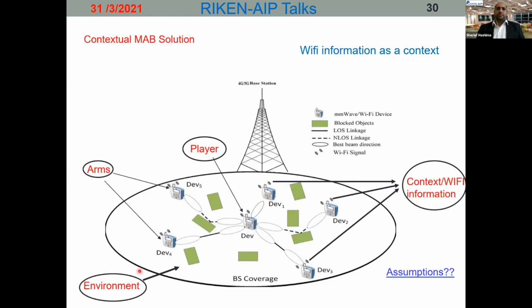So we formulated the problem using a contextual multi-armed bandit. We have the same assumption that the devices are quasi-static and their location is known by GPS service, but the blocking is unknown, and we assume that the devices are dual-band standardized devices using Wi-Fi. So the Wi-Fi information here will be the context. The context vector will be the received Wi-Fi power and its mean and variance.